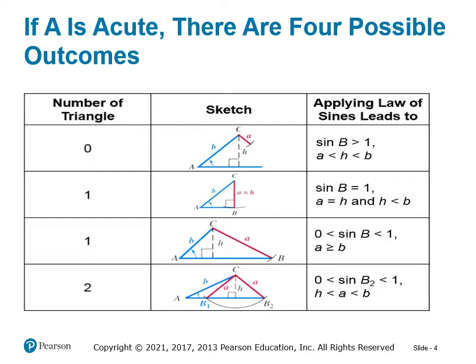And then finally, we have the case where, when we figure out the sine of B, it is between 0 and 1, and if that angle, for example in the case above, is an acute angle, then it's possible that we have a second angle that's in quadrant 2, where sine is still positive, that also may create a triangle. And actually, you can see here we have two ABC triangles in this last case.